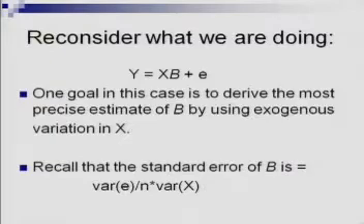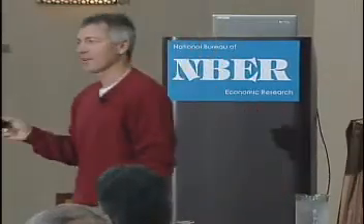What's important here is that I can gain precision with increasing the variance in my treatment variable in the same manner that I can increase precision by increasing n. Doubling n is the same thing as doubling the variance in x. That's what the standard error formula tells us.